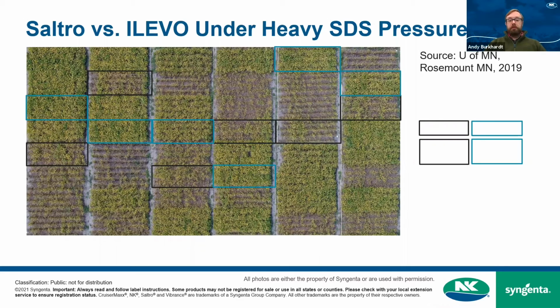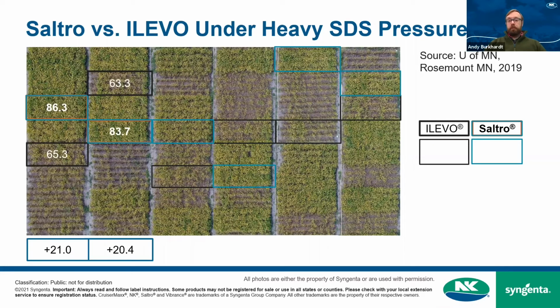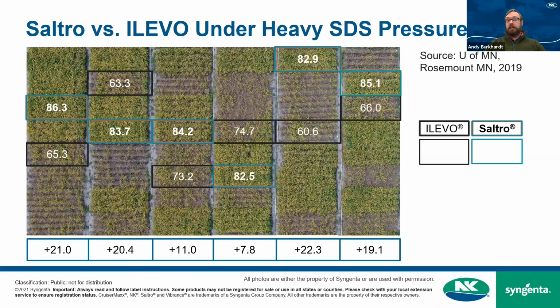Each vertical strip you see in this image is a replication within the field. So any plot with a black box around it is our competitor, and the blue-green boxes are Saltro. So you can see the advantage of Saltro in each individual rep. And then across the whole trial, we saw an average advantage of 16.9 bushels over our competitor.